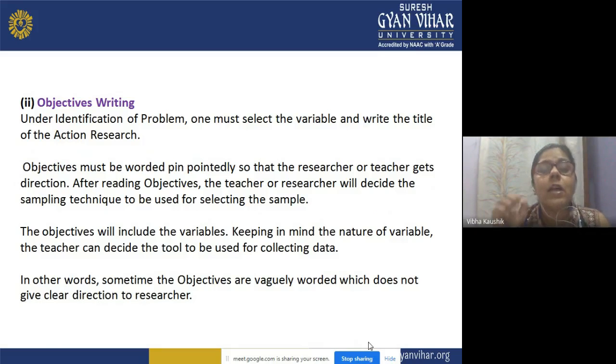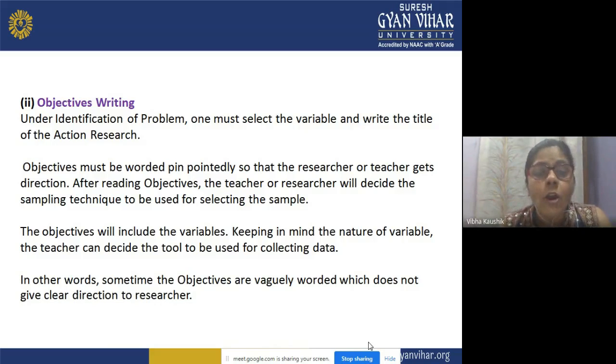Now, what does it mean? That our objectives should be related to the topic. If I am focusing my action research on motivation and achievement, then when I write my objectives, they must focus on achievement and motivation.